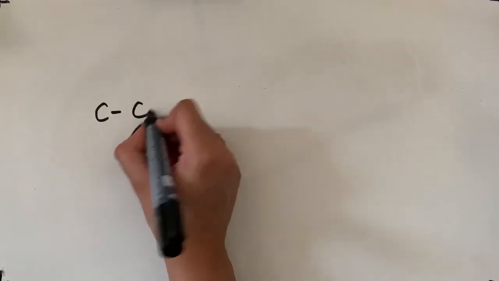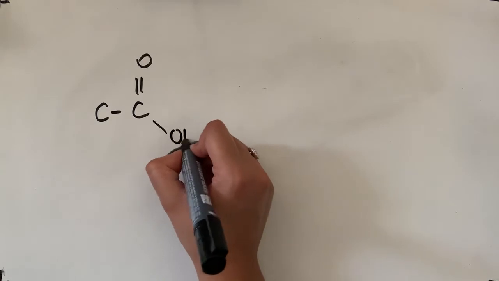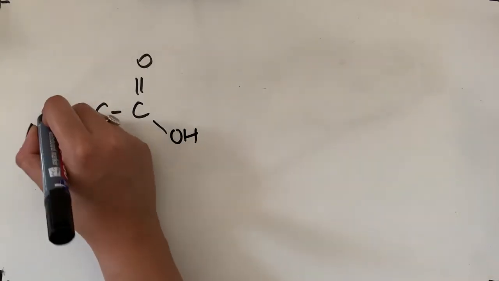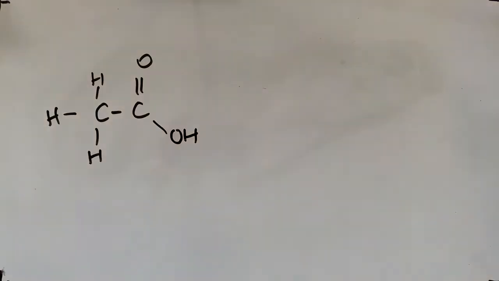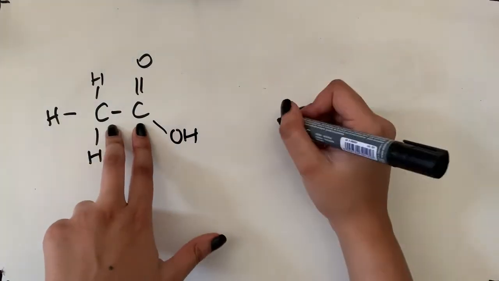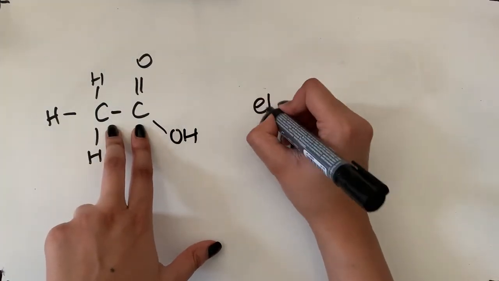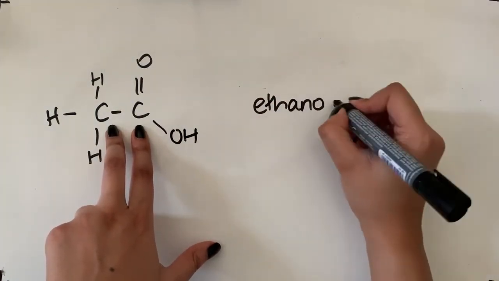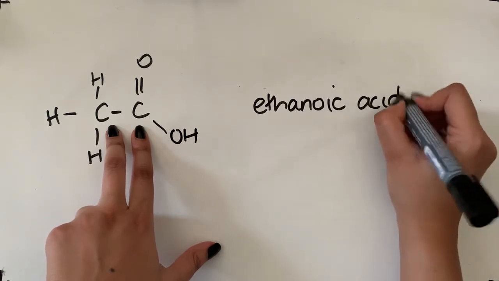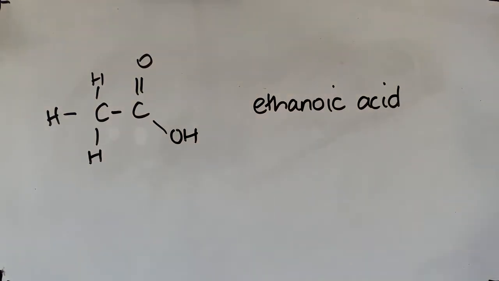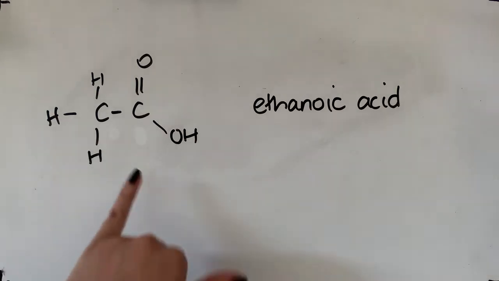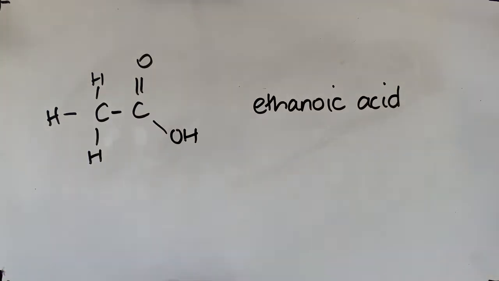If we move on to the next one, where we've got two carbons, this one is called ethanoic acid. Okay, and obviously if we keep going, keep extending the carbon chain, the next one will be propanoic acid, then butanoic acid, and so on.